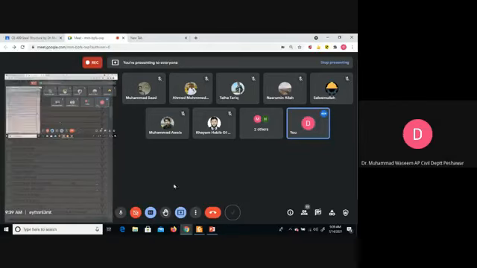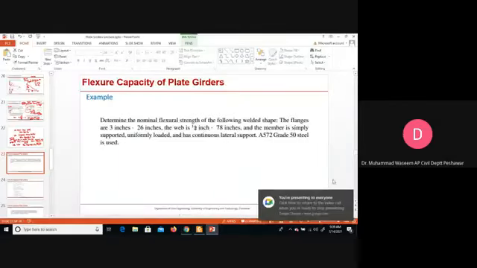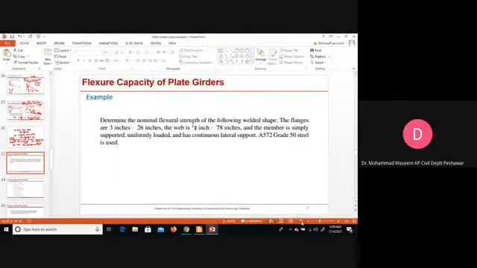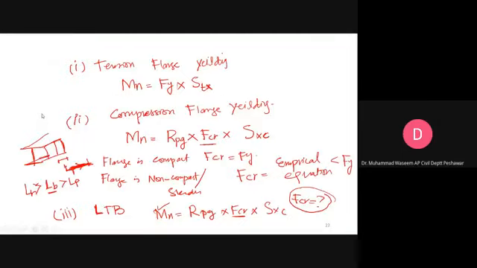Okay, I'm going to share the screen now. I hope you can see the screen. We have discussed the flexure capacity of the plate girder. There are three limit states. We have to check every limit state, and then out of these three limit states, you have to select the minimum bending moment.